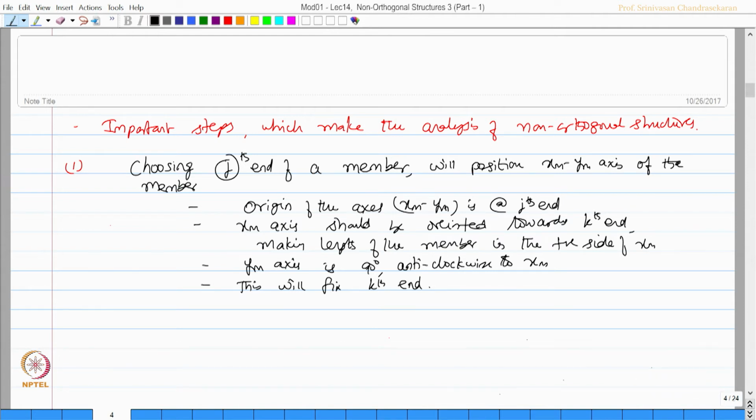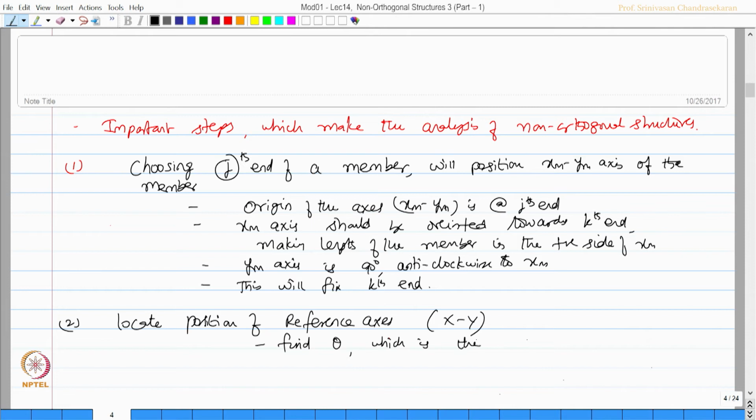Now, locate the position of the reference axis, that is xy. Now, find theta, which is the anti-clockwise angle between xy and xm ym.